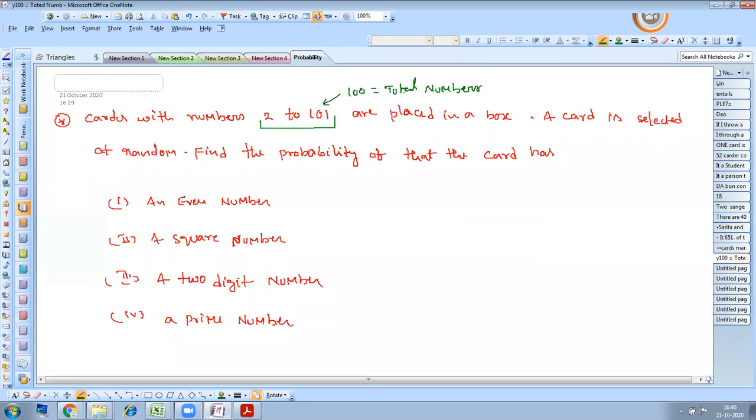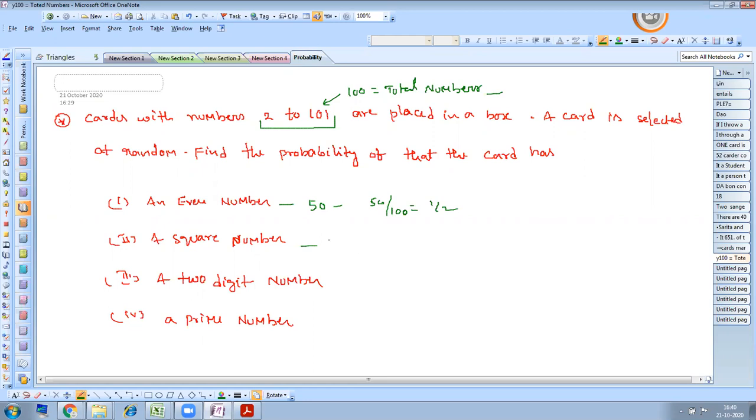Sir, first one answer is 1 by 2. Correct. Total number of even numbers are 50. Second one, squares. How many square numbers are there? 9.